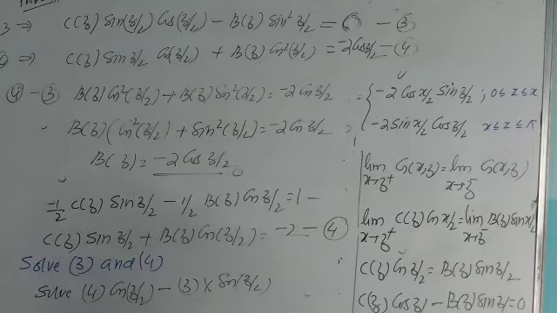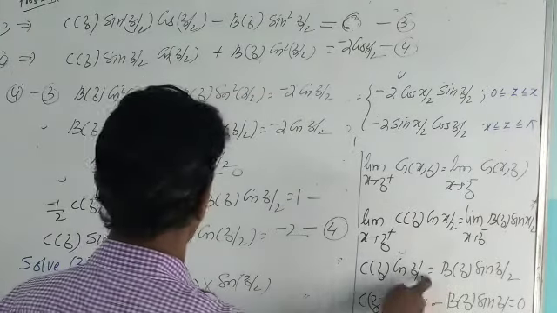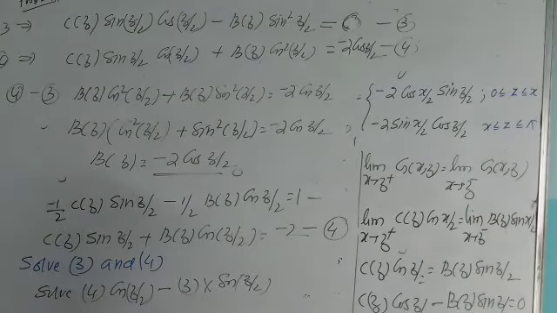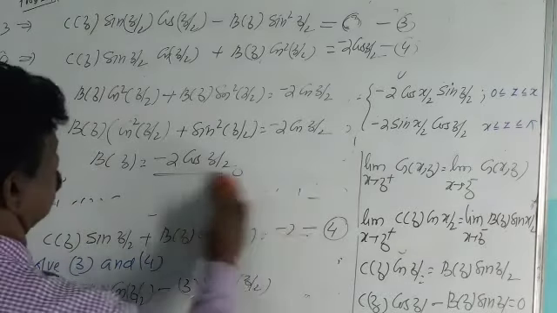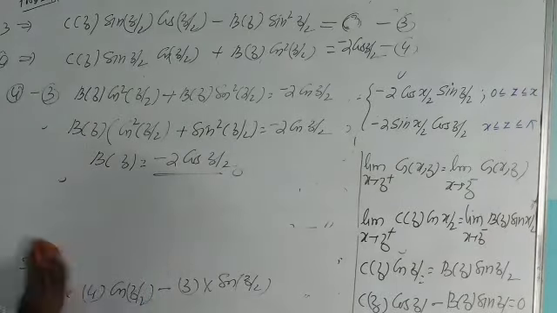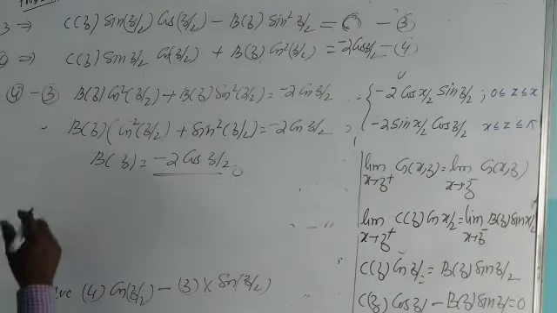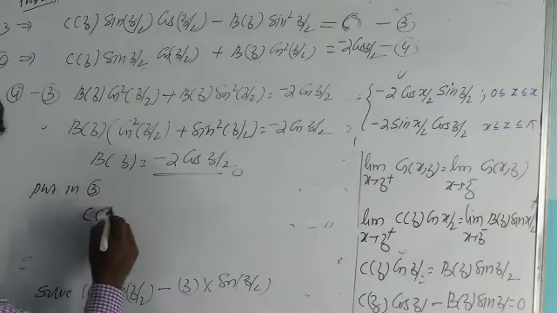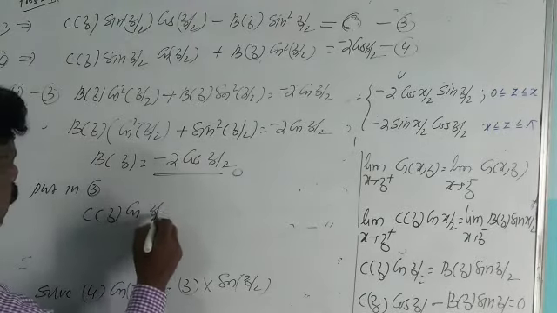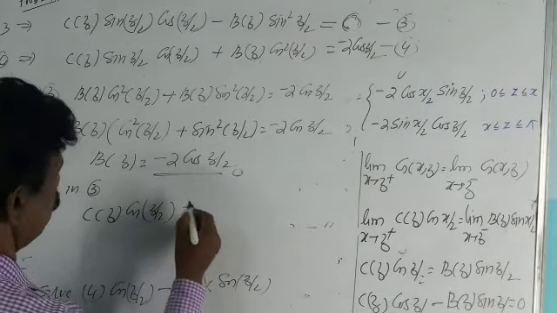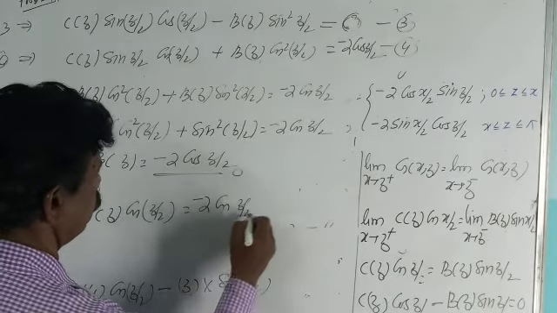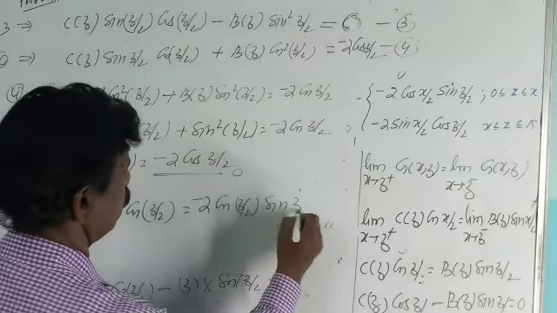Then put this value in equation number 3. b z equal to minus 2 cos z by 2. Putting in 3, that is c cos z by 2 equal to b z, which means minus 2 cos z by 2 into sin z by 2.